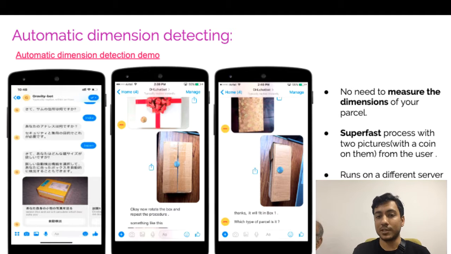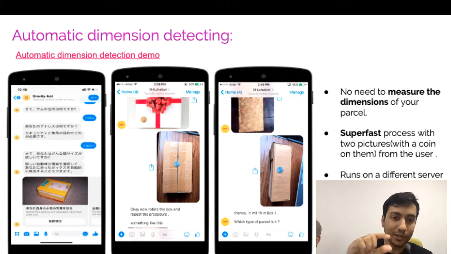Then there is automatic dimension detection. The whole algorithm is written in Python, and it uses a Python library known as OpenCV, where CV means computer vision. I already explained why I used a coin to get the dimensions of the box.